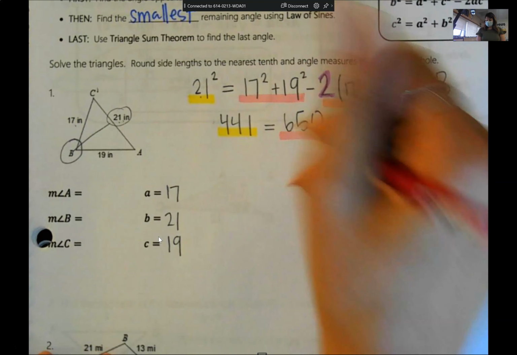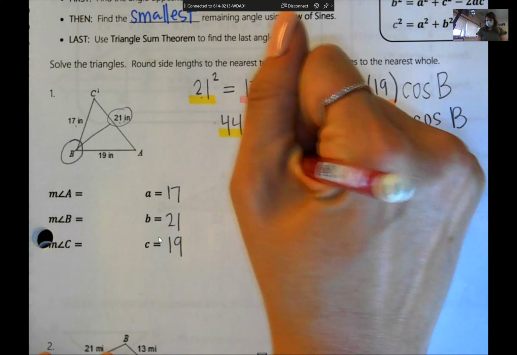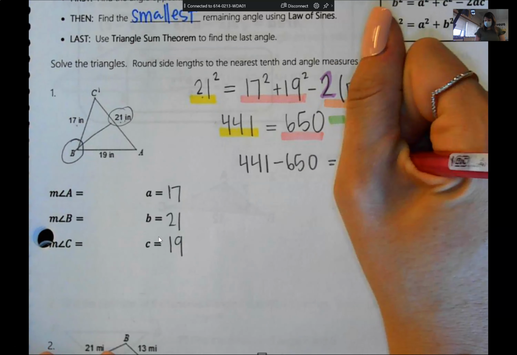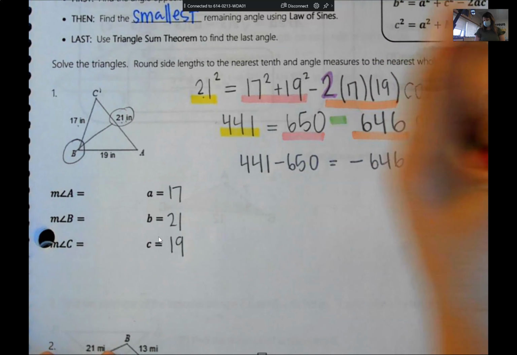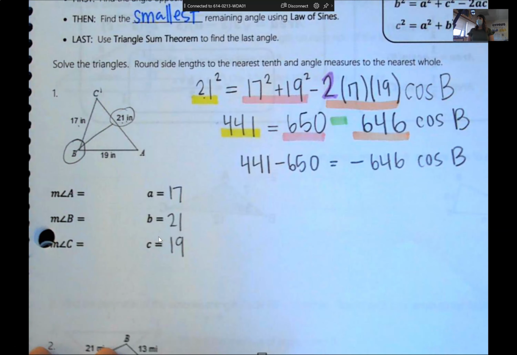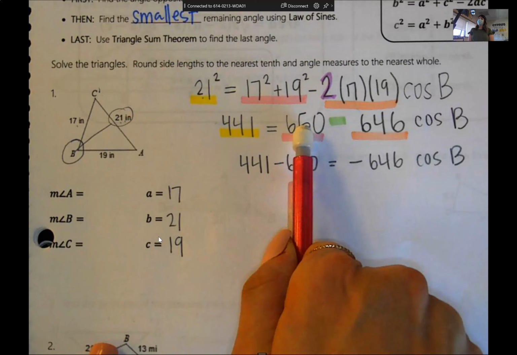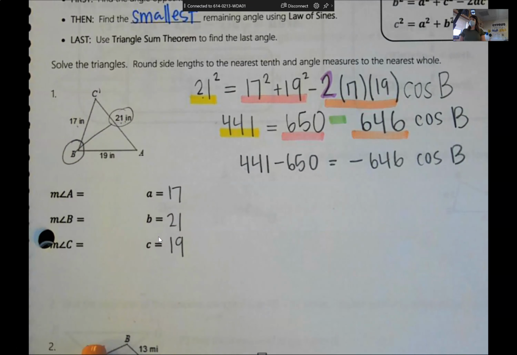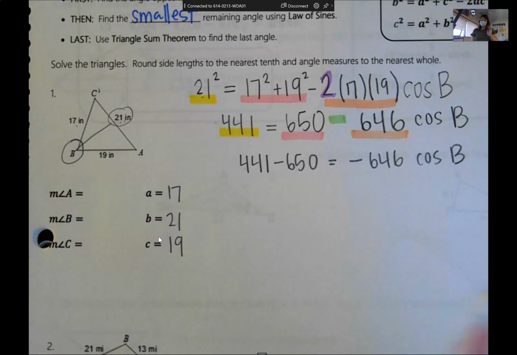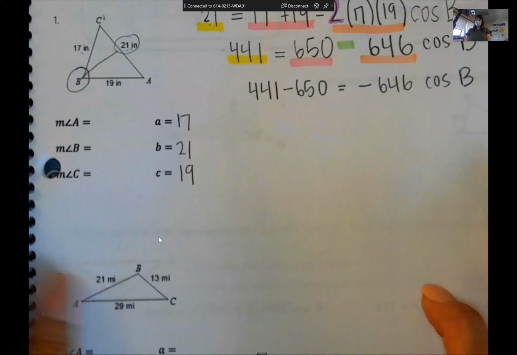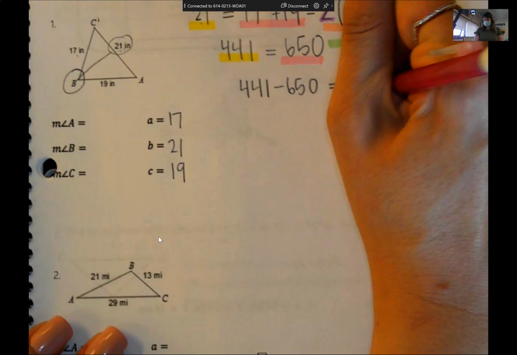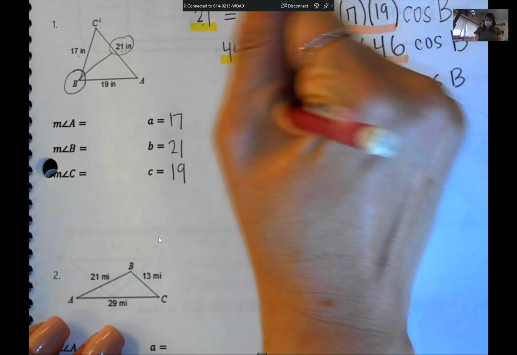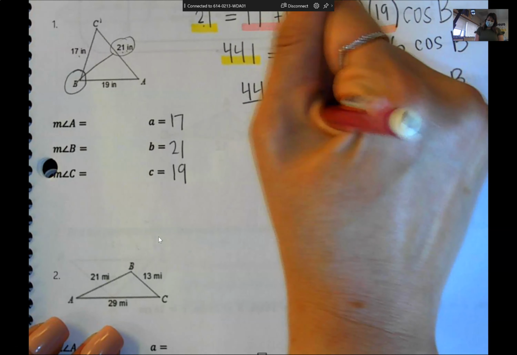So we're going to write it as this: 441 subtract 650 equals negative 646 cosine B. So I moved this 650 to the other side of the equation. Then we would get rid of the girlfriend. So we would divide this by negative 646 and divide this by negative 646.